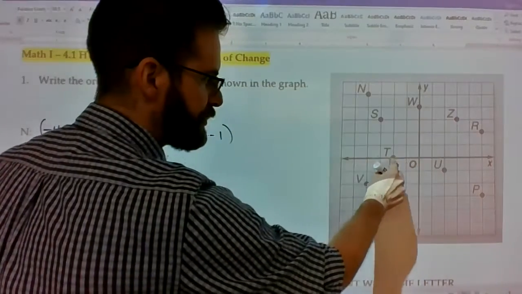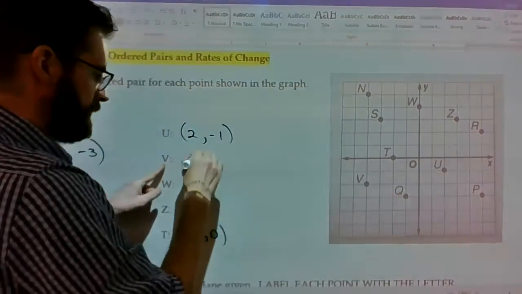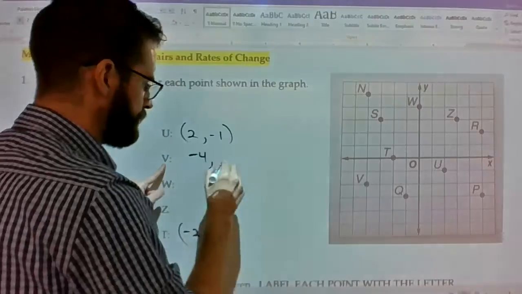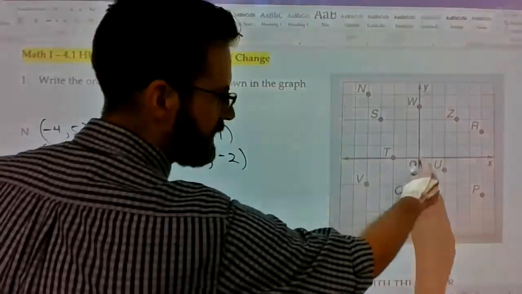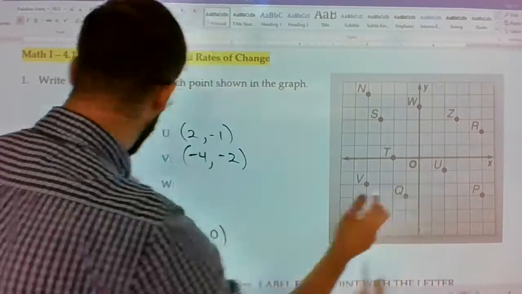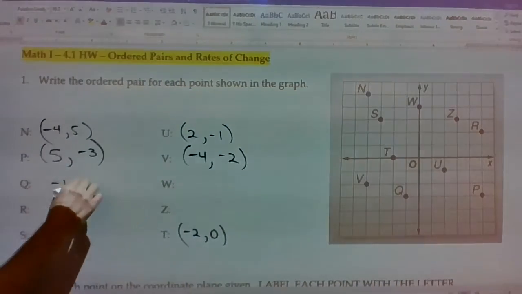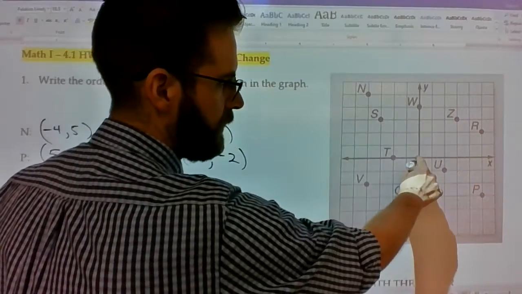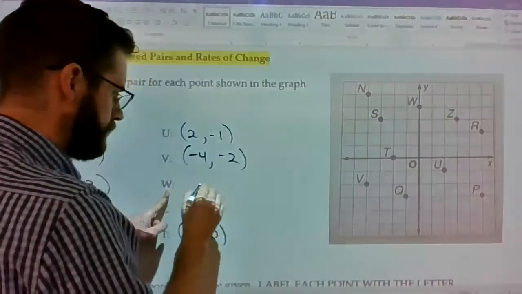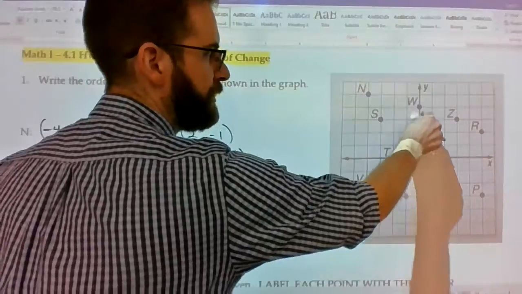V, left 1, 2, 3, 4. Down 1, 2. Q, left 1, down 1, 2, 3. Left 1, down 3. W is over here, over 0, up 1, 2, 3, 4.